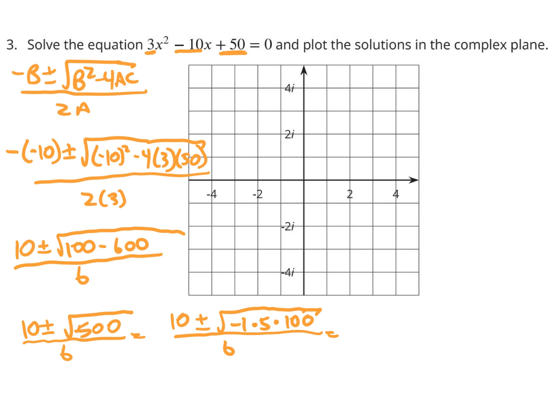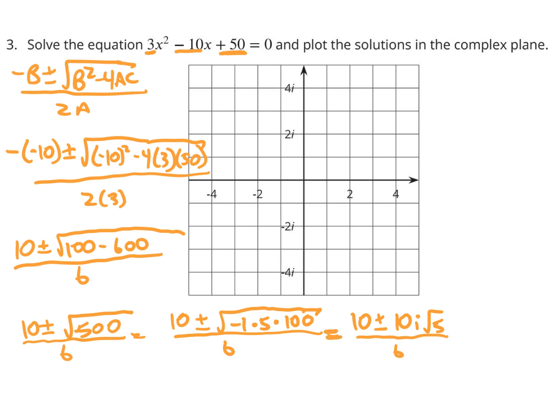So this gives me 10 plus and minus. The square root of 100 is 10. The square root of negative 1 is i, root 5, all over 6. There's a common factor of 2 because on standardized tests like the SAT, you're going to have to go further.